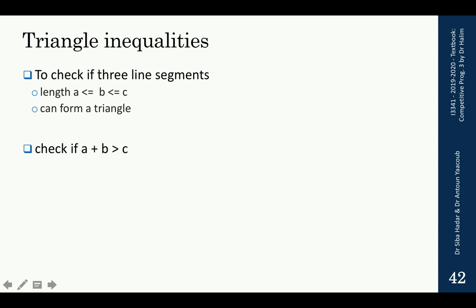Each summation of two sides must be greater than the third, or if you have them ordered from A to C, you would have just to check if A plus B is greater than C, and the three values can be the length of the triangle.